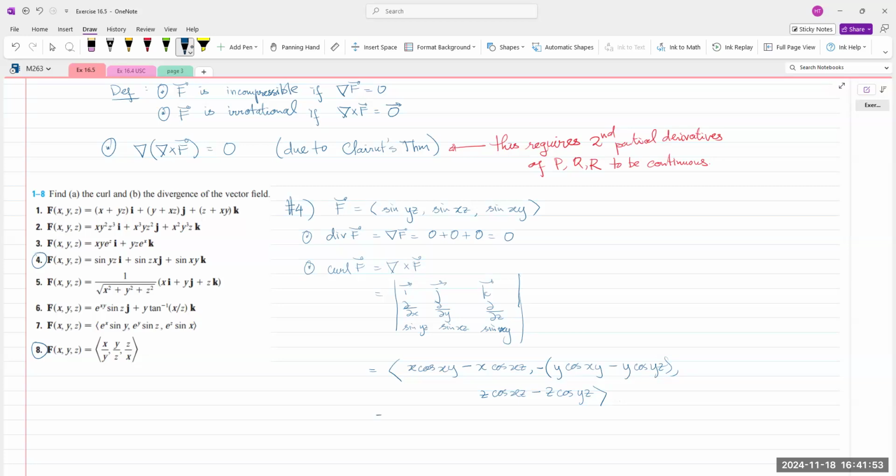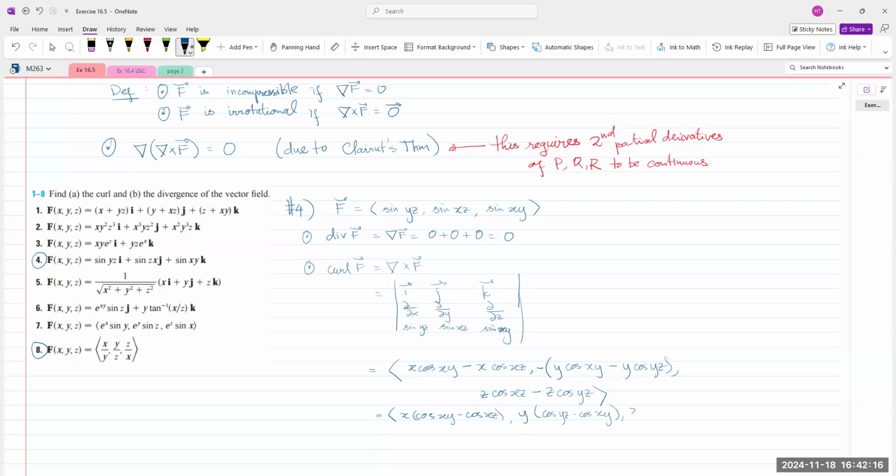At most, I can factor the x in the first component: cosine xy minus cosine xz. And in the second component, I can factor the y, and that reverses the order of subtraction: cosine yz minus cosine xy.